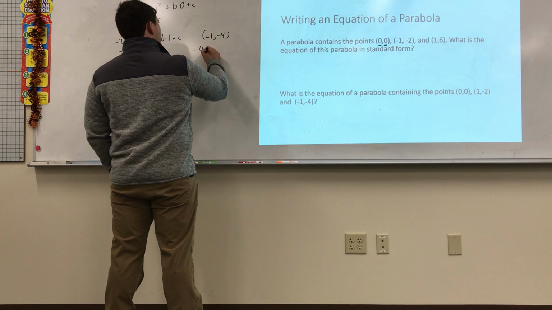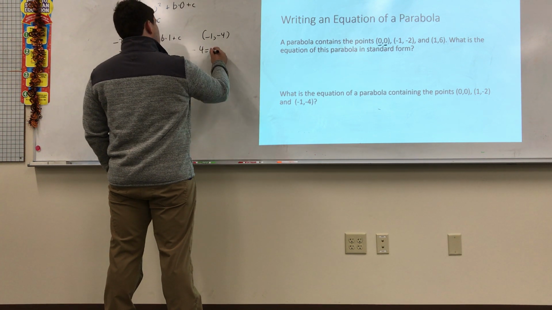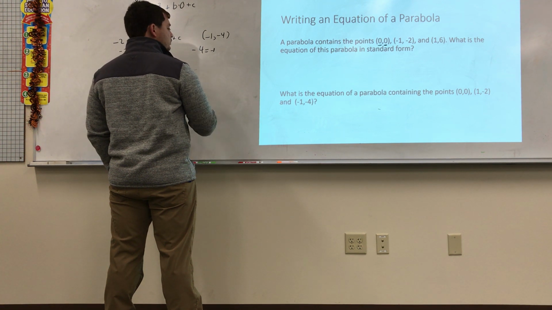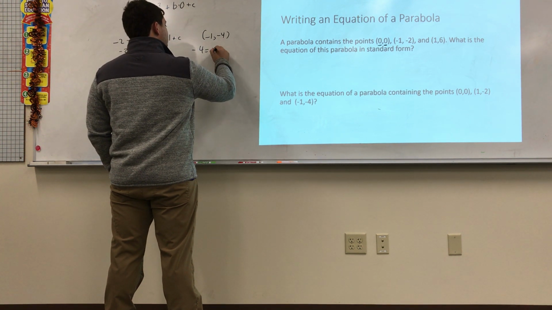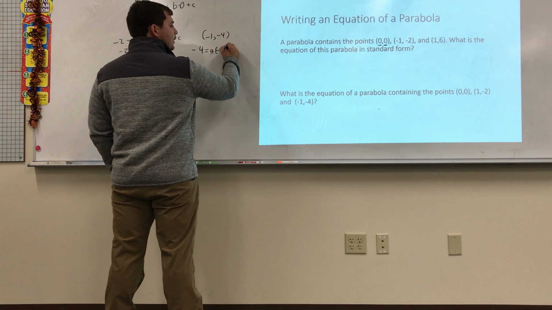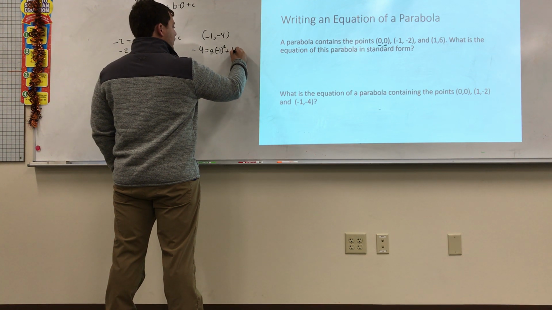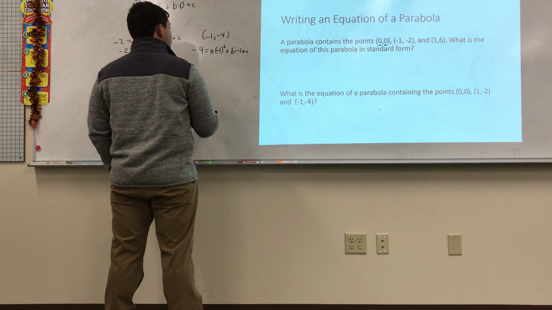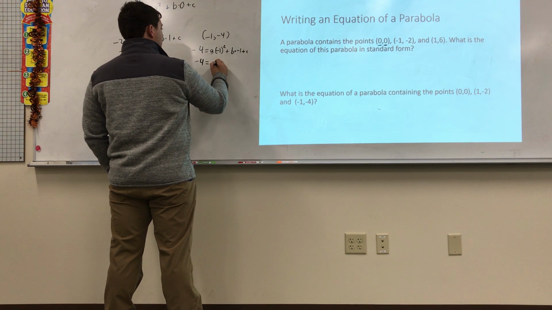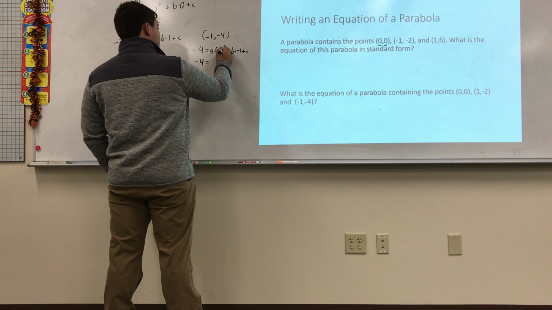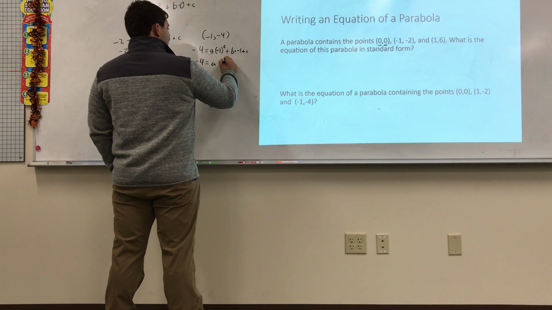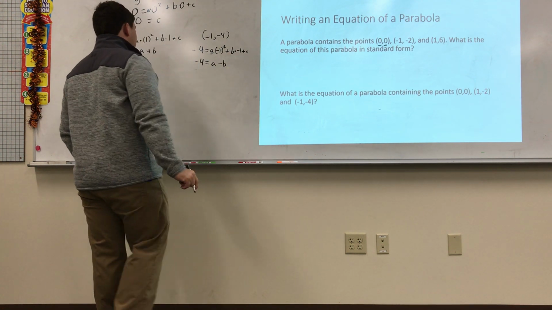So we're going to have -4 equals a times -1 squared plus b times -1, and then c is 0. -4 equals... -1 squared is 1 times a, which just gives me a, and that gives me minus b, and c is 0, so we have this.